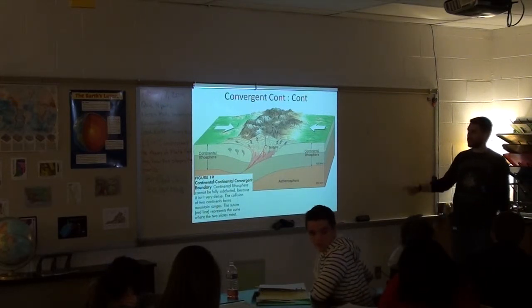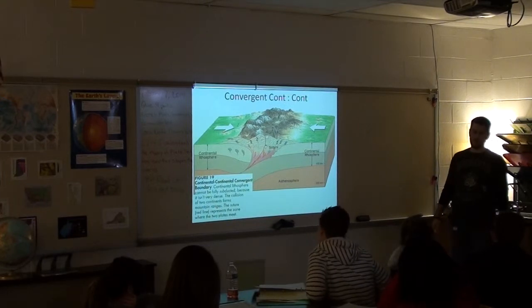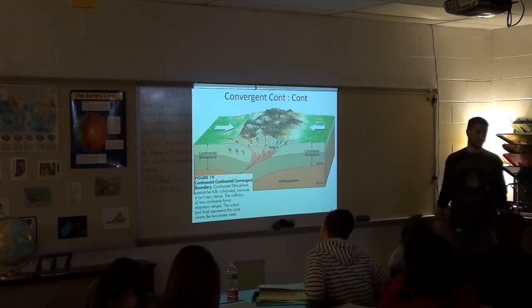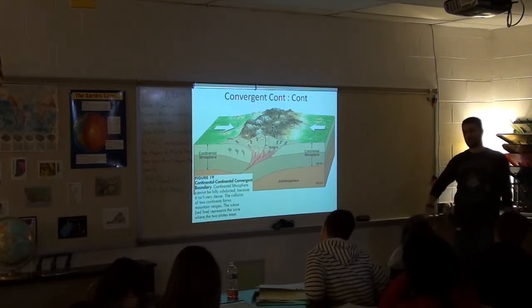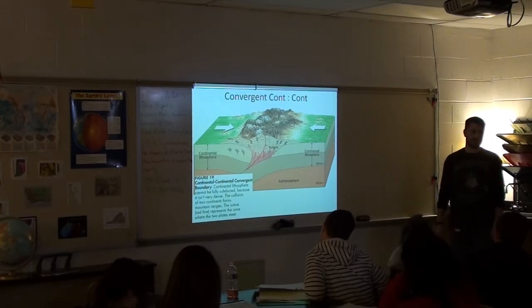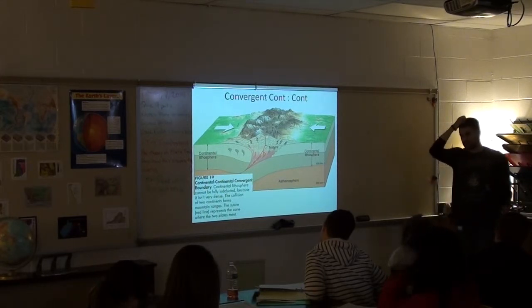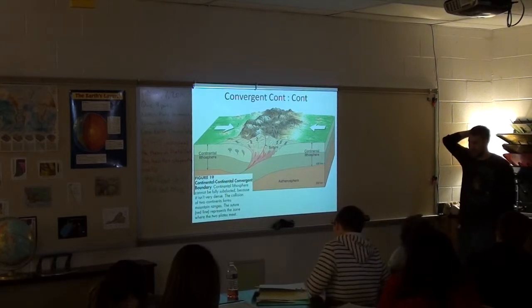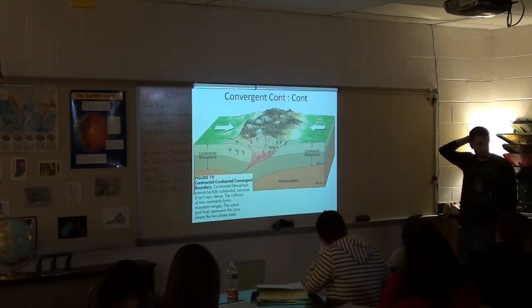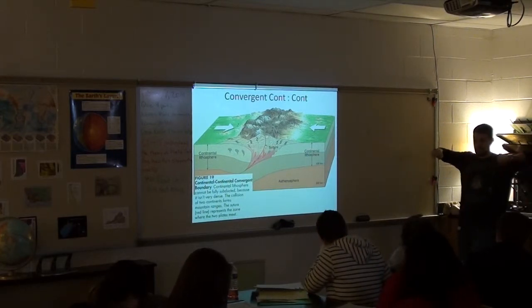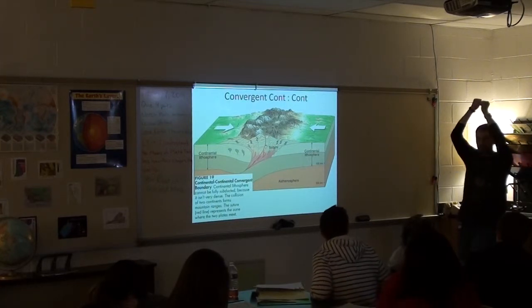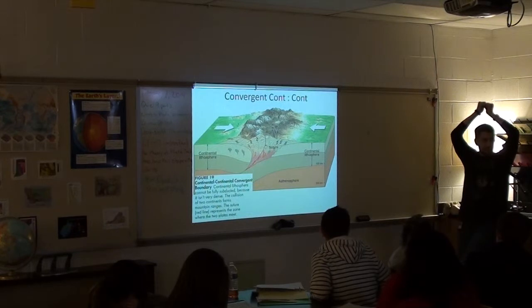Well, here we have two kids who are both mighty and tall and big and buff, and they smack into each other, and neither of them will lose, neither will go under, so they both have to rise to the top. So continent refuses to be submerged. Instead of getting submerged, it gets squished. Instead of one going down, we will both win, and they smash into each other and go up.